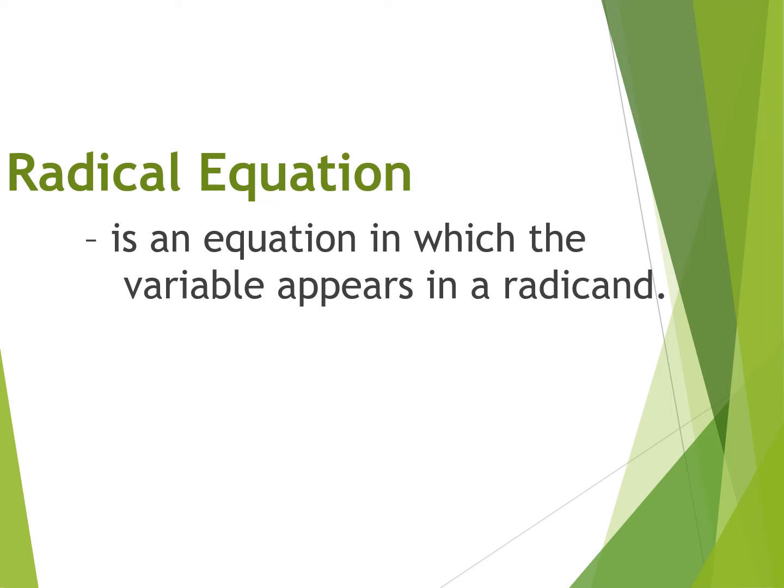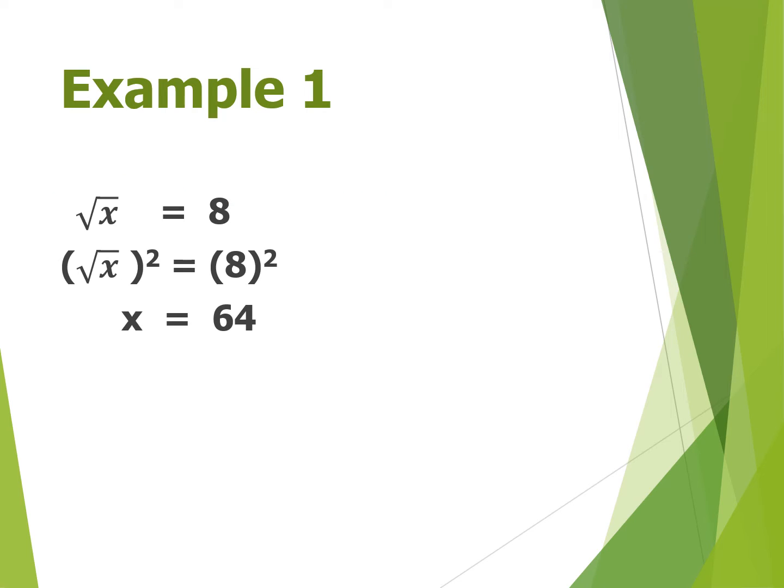Okay, so a radical equation is an equation in which the variable appears in a radicand. First example, we have square root of x equals 8. The first step is to square both sides of the equation. Why?